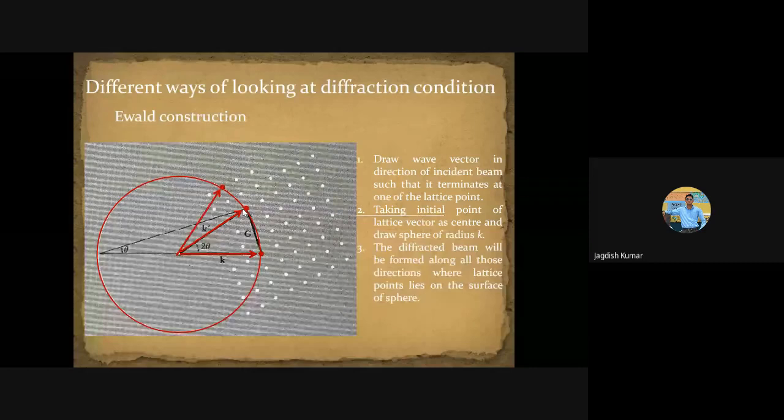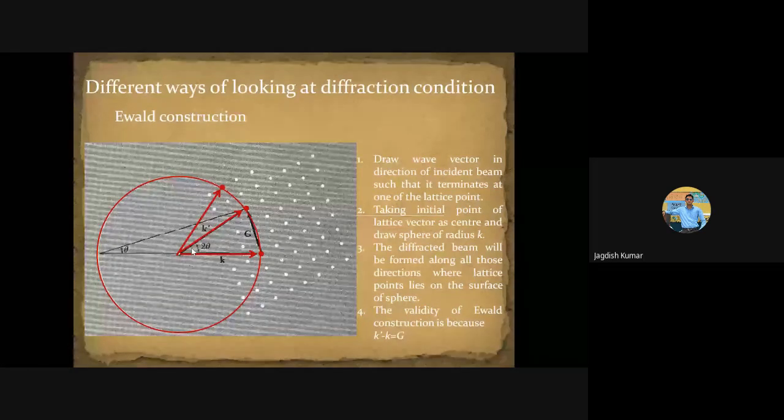This gives you the value of angle 2 theta, which is the angle between the incident beam and the scattered beam. This is what we call the Ewald construction.